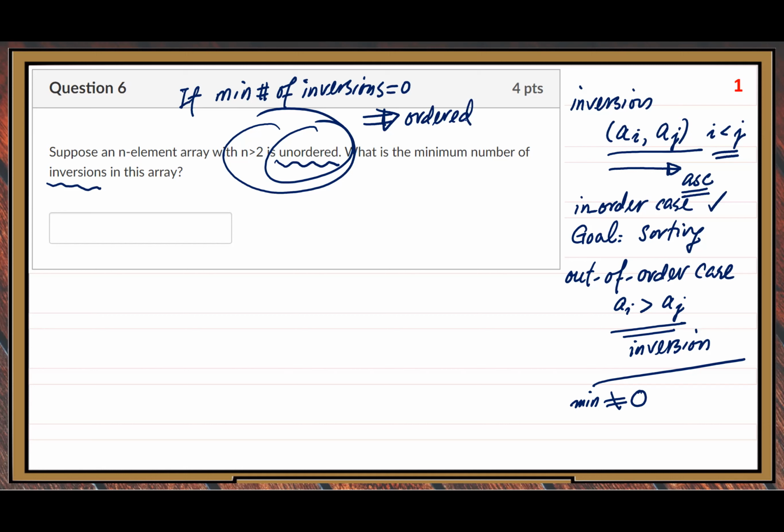For that reason, the minimum number should be greater than 0. Yeah, the answer.